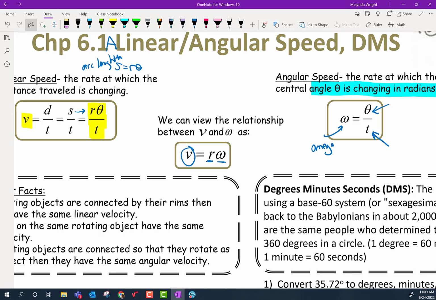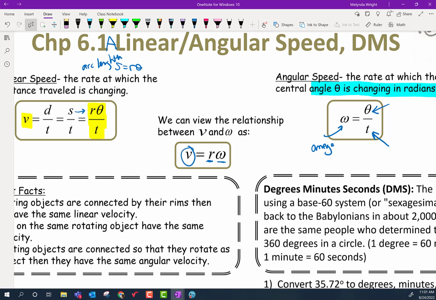So that's linear speed. Let's compare and contrast it with angular speed. Angular speed doesn't rely on the radius at all. In that same example of playground equipment, if you are standing in the middle of it and it rotates one time around, how many angles have you passed through? One time around would be 2 pi, right? If you're standing on the edge of it and it moves one time around, how many angles have you rotated through? 2 pi.